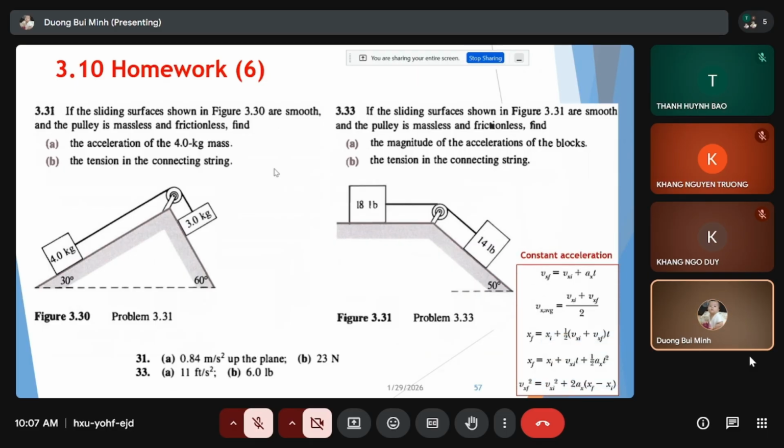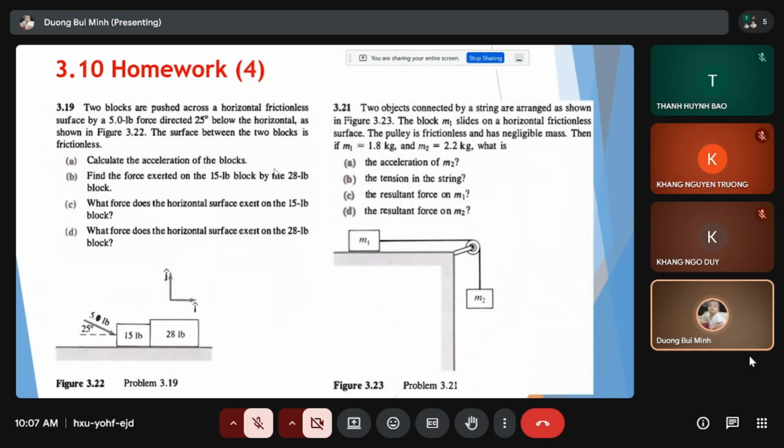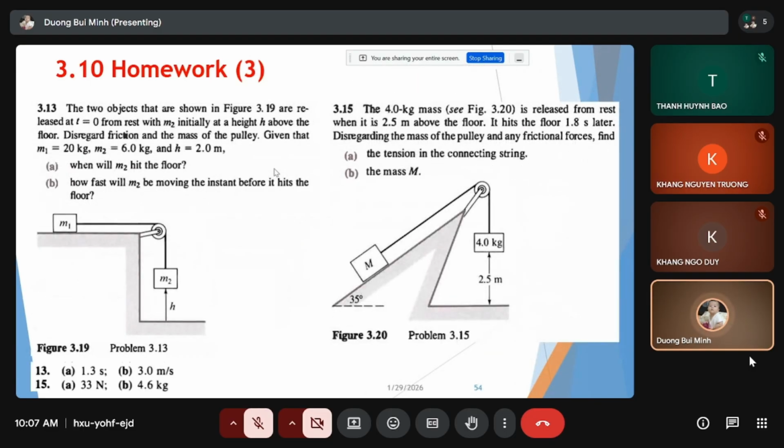Maybe you answer these questions, 15, right? Now we have 2 students come to the whiteboard and answer questions 13 and 15. You get extra points. Okay? You get an extra point? Okay, so you, then you.